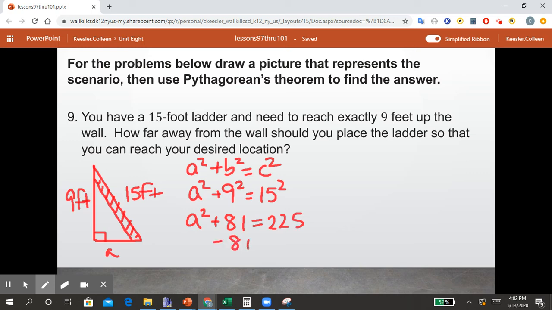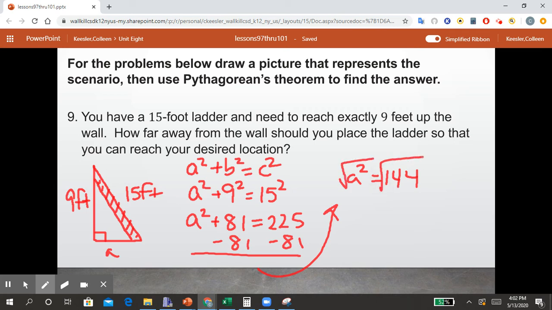So we subtract 81, leaving us with a squared equals... 5 minus 1 is 4, and 22 minus 8 is 14. So it's 144, which is a perfect square. So we get a equals 12 feet in this case. Important to put the unit because it's a word problem. So this is actually 12 feet down here. And 9, 12, and 15 make the right triangle that's formed by the ladder leaning against the wall.